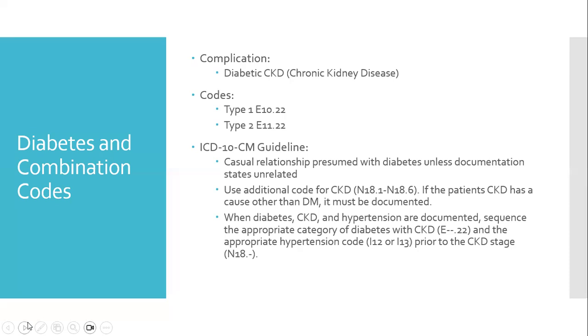Your I13 is when you have hypertension, chronic kidney disease, and congestive heart failure, which is a whole other category for the hypertension code, which we will not be getting into at that detail today, but just know that it's based on sequencing of the diabetes and the chronic kidney disease, as well as the hypertension, which also has a causal relationship with chronic kidney disease.